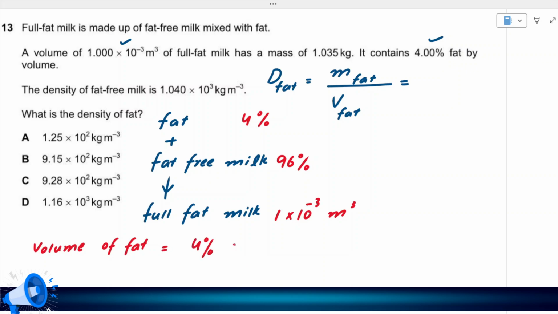4% of this value. So how do we find 4 divided by 100 times 1 into 10 to the power minus 3, which is 4 into 10 to the power minus 5.